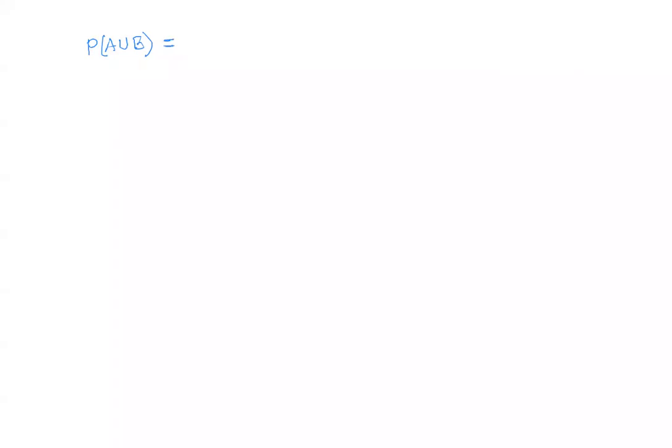Probability of A union B is probability of A plus probability of B minus the probability of A union B.